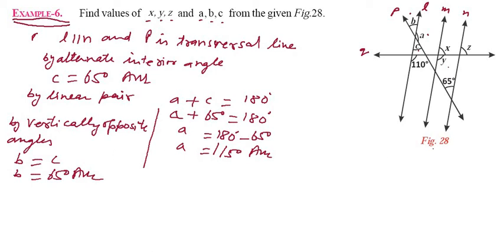Now let us see what will be X and Y. As you know, 110 and Y both are corresponding angles. So you can write here, L and M are parallel. L parallel to M and Q is a transversal line.